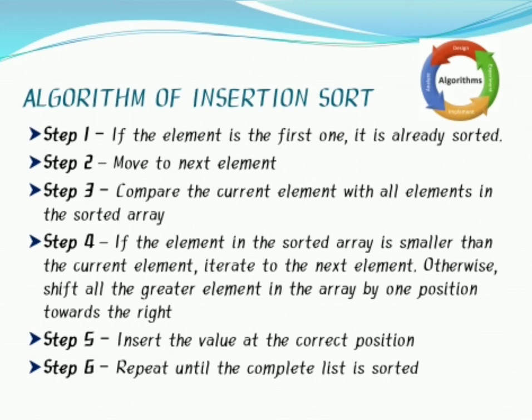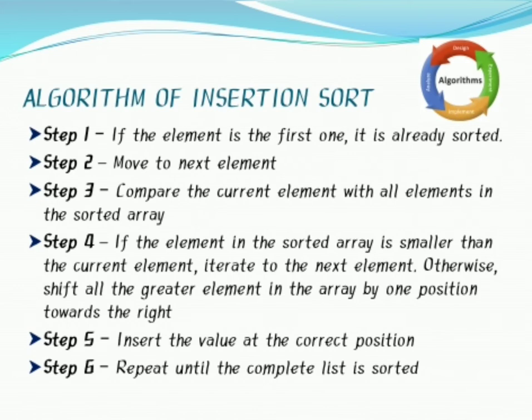Step 4: If the element in the sorted array is smaller than the current element with which we are comparing, iterate to the next element. Otherwise, shift all the greater elements in the array one position towards the right. Step 5: Insert the value at the correct position. Step 6: Repeat until the complete list is sorted.